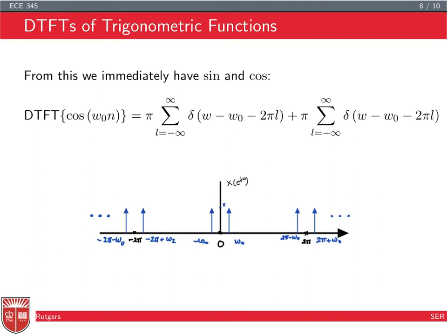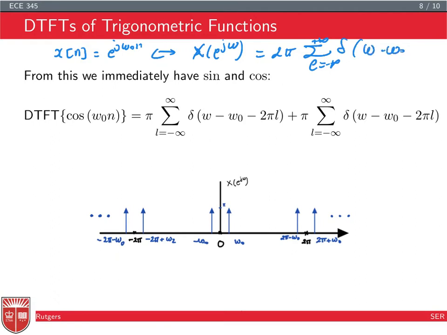It is important to remember that the DTFT of x of n equal to e^(j omega 0 n) is the impulse train, 2 pi times the sum of the impulses. This is something you have to know.